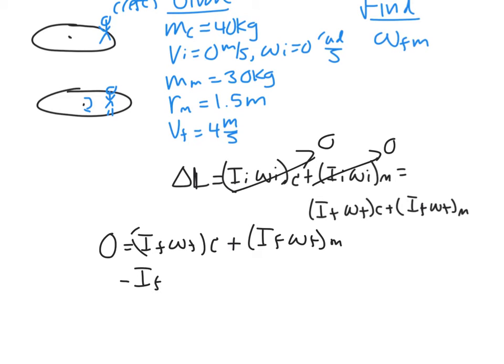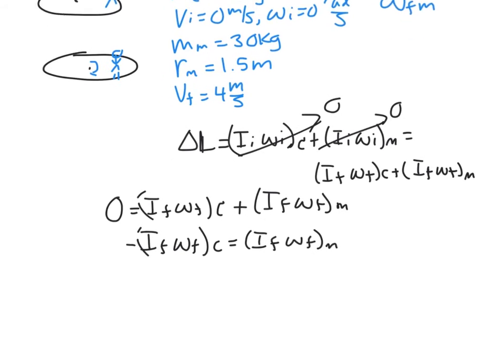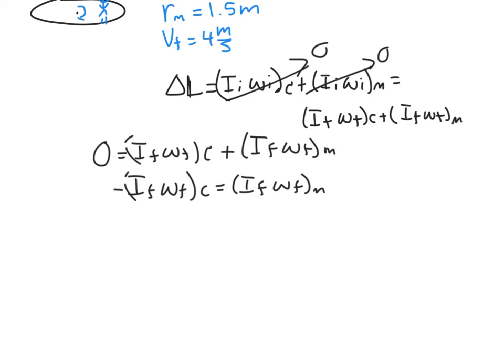So negative I final, omega final of the child equals I final, omega final of the merry-go-round. Running out of room. We don't know what the child's omega final is, but we know that linear speed equals r omega, so V over r equals omega.